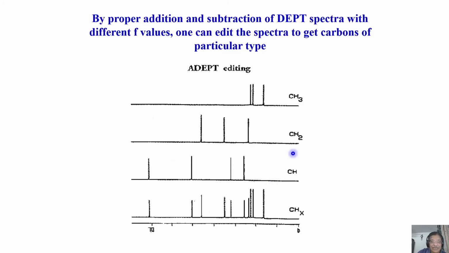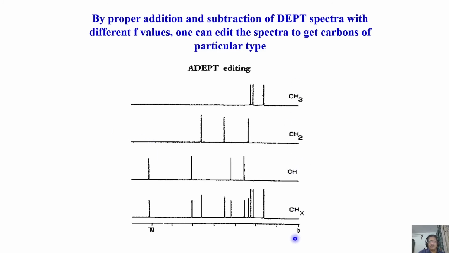Of course, you have to scale the intensities. All intensities are not the same, so that's called an intensity scaling factor. You can scale it and then make a subtraction. When you do that, this is called DEPT editing. You can get a CH3-only spectrum, a CH2-only spectrum, a CH-only spectrum, and of course, you can get quaternary alone also. See, very easy now.